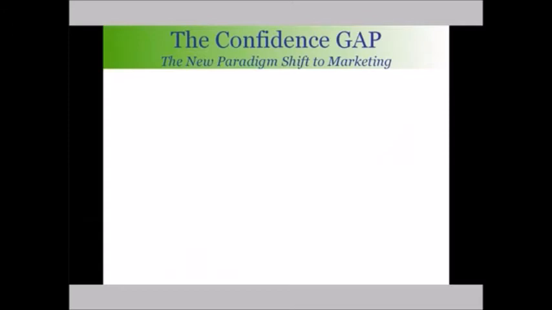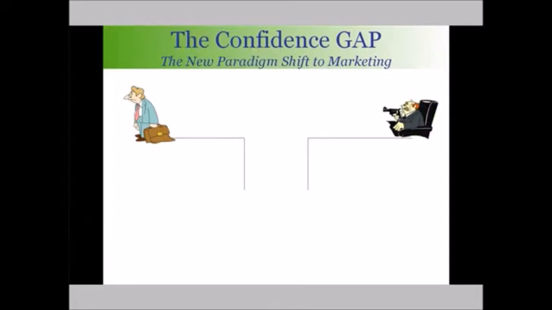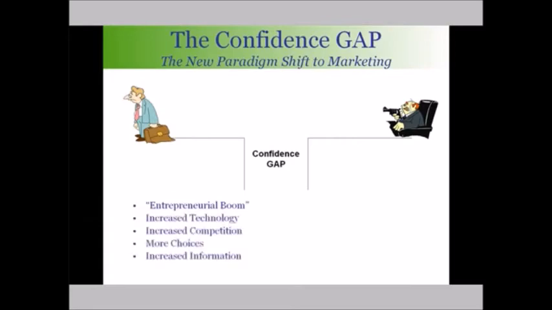The confidence gap, which is the new paradigm shift in marketing, creates a different picture. First, you have the poor old seller and the mean old buyer, and between them is the confidence gap. There was an entrepreneurial boom, increased technology, more competitors, more choices, and increased information available via the internet or direct mail for consumers to decide what they were going to buy, and therefore there was increased resistance, longer buying cycles, and price competition.